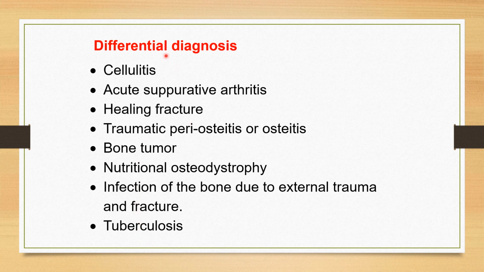The list is here: cellulitis, acute suppurative arthritis, healing fracture, traumatic periosteitis or osteitis, bone tumor, nutritional osteodystrophy, infection of bone due to external trauma and fracture, and tuberculosis.